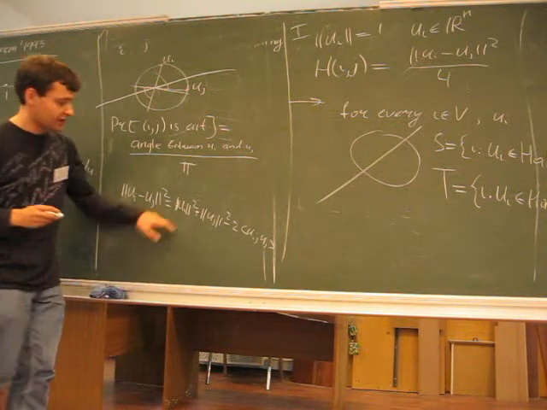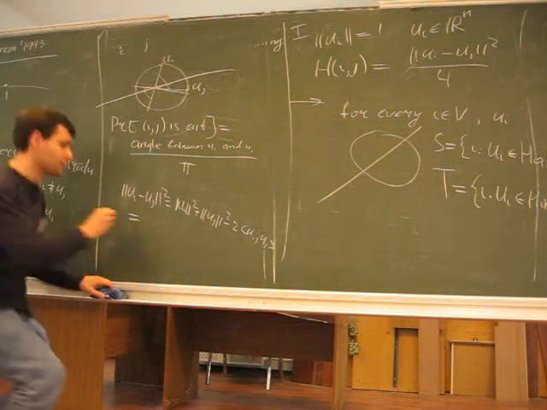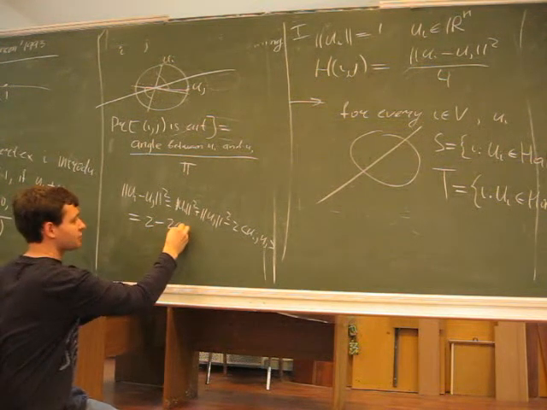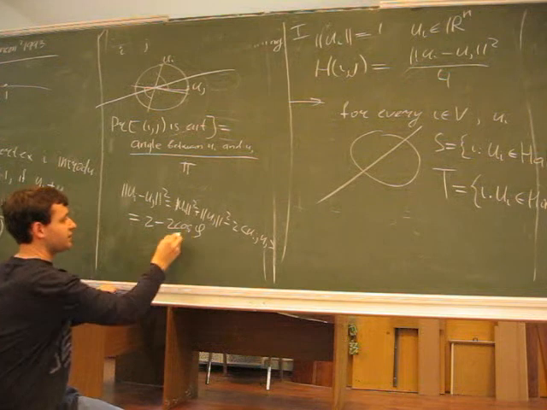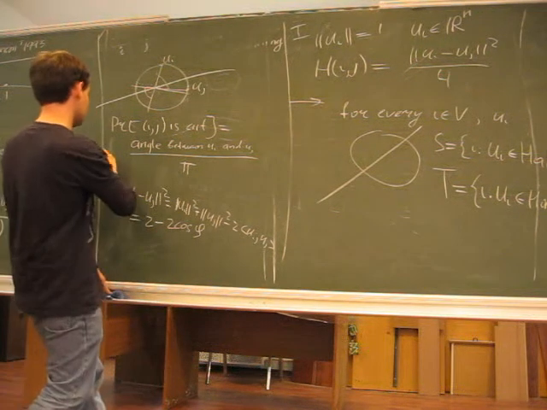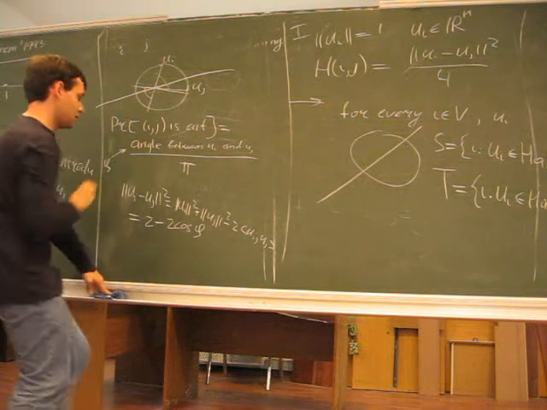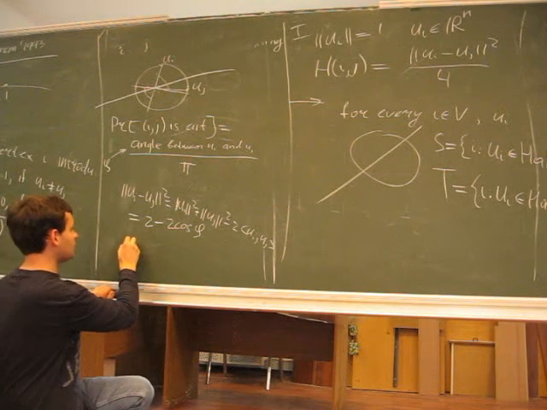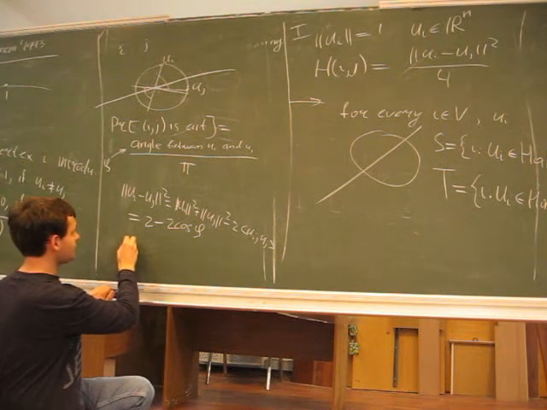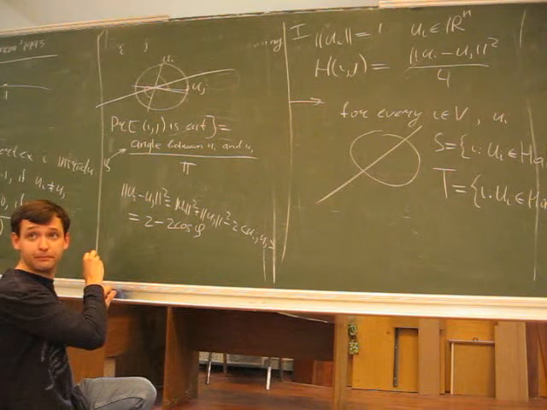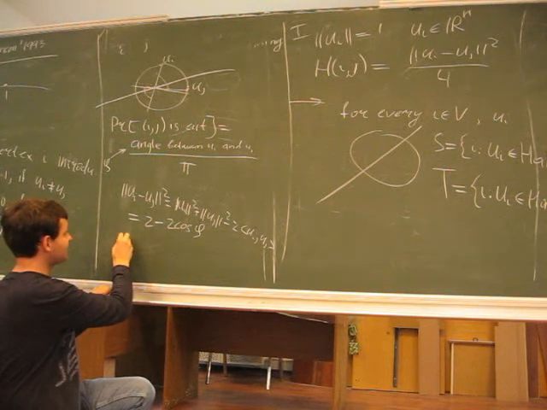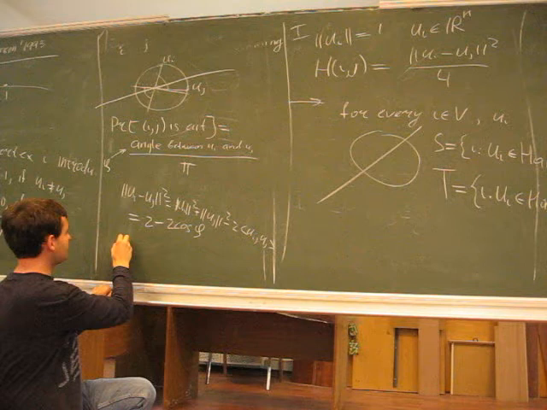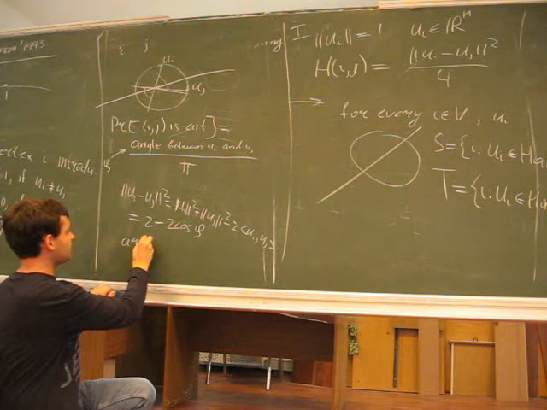Since u_i and u_j are unit vectors, this expression is equal to 2 minus 2 times the cosine of this angle θ. And so we get an unpleasant arc cosine here. So we divide everything by 2 and get arc cosine.